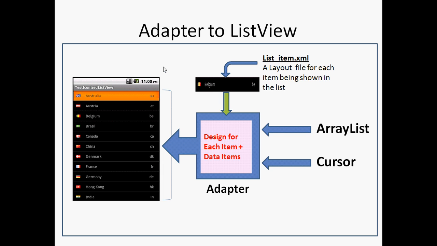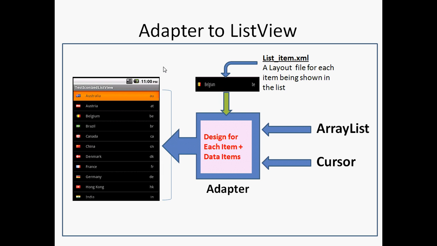This design you are going to provide to the adapter, and the adapter will have the information from an array list or a cursor object. The responsibility of the adapter is to provide the design for each and every item, and also to decide which things are shown in the list view.